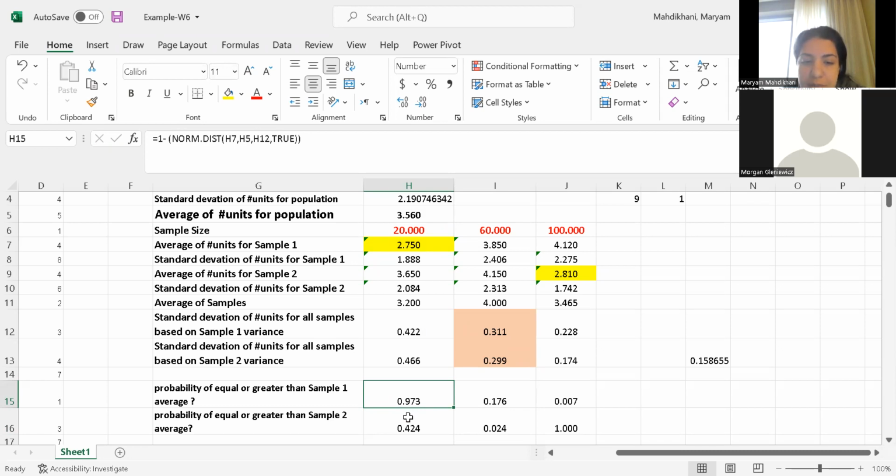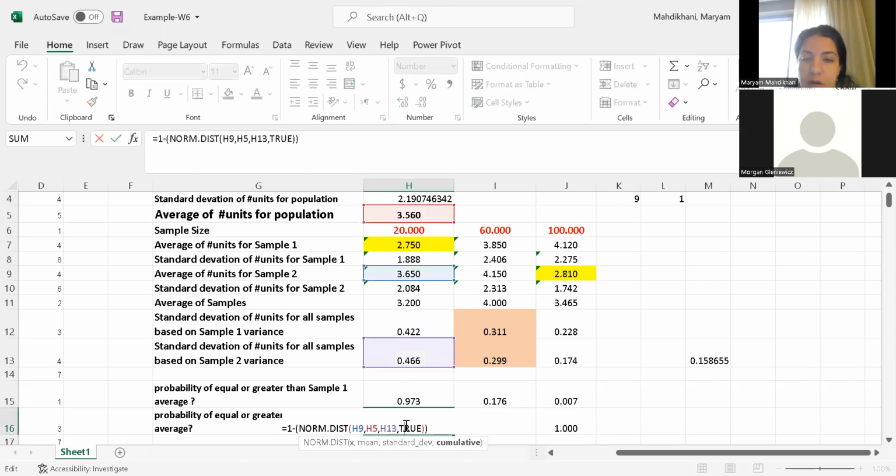How about sample 2? For sample 2, the average was 3.65, right? Let's see the probability of having any sample that has an average of 3.65 or greater than that. Again, I would write the formula 1 minus, open the parentheses, normal distribution.